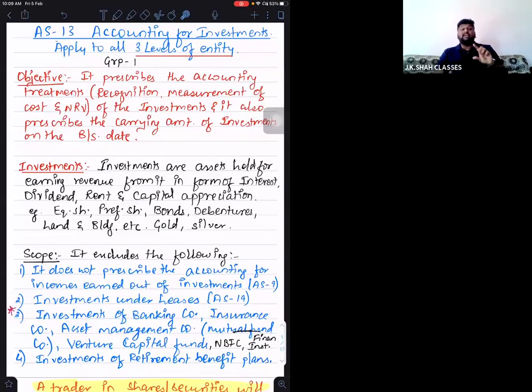And lastly, whatever investments are made under retirement benefits of the employees. So those are the 4 points which are excluded from the scope of AS 13.